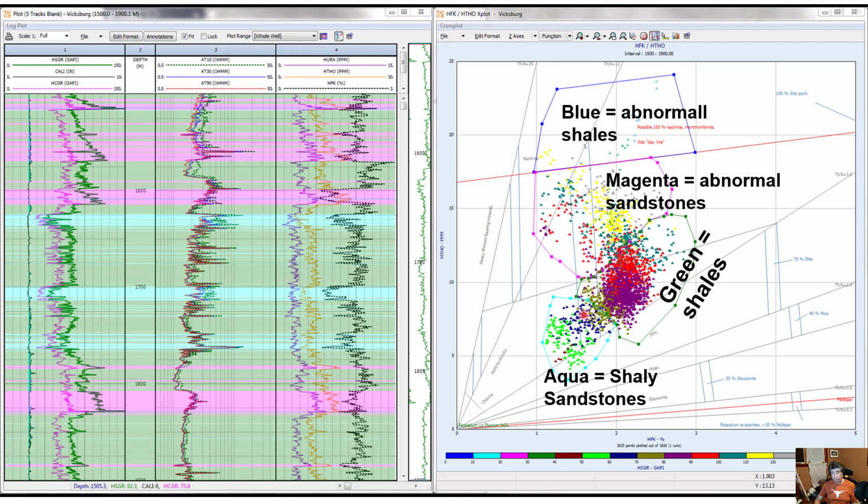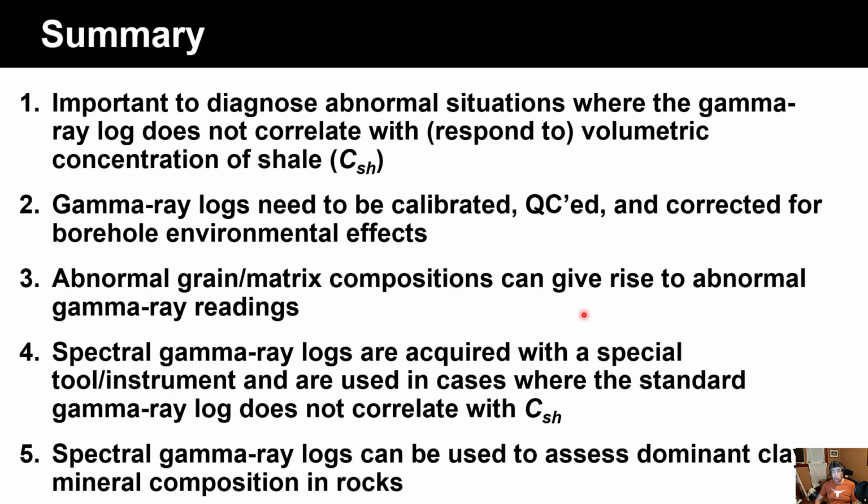Good. That's a beautiful application. So in summary, we have found that it's very important to diagnose situations where the gamma ray log may or may not correlate with volumetric concentration of shale. This has to be done by honoring the behavior of all the logs: gamma ray log, resistivity logs, density logs, and neutron density logs.